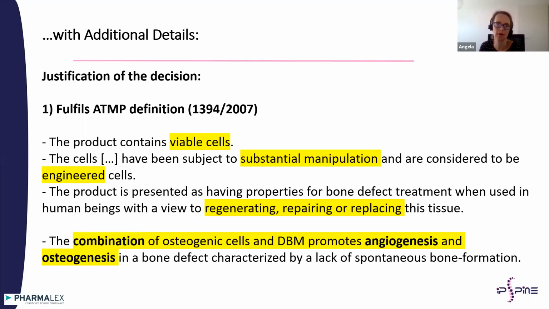But in addition, we also have features of signaling to the surrounding tissue. We've got angiogenesis and we've got osteogenesis. So we do also modulate the surrounding tissue somehow. But it was considered that the primary activity of this product is this replacement of a tissue. So it is called a tissue engineered product, although it has some features of both products.